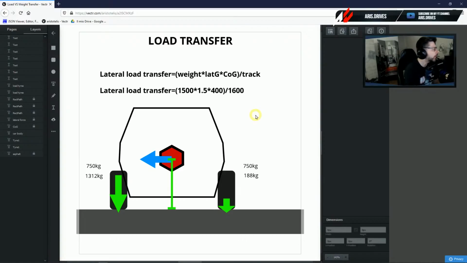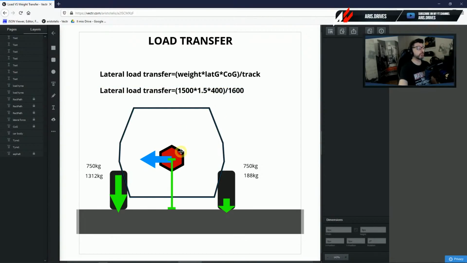Now, this happens whether you have suspension or not. In go-karts, you don't have suspension. Even if you had wooden tires, that would happen anyway, because it depends on the lateral or longitudinal g-force. Obviously, the load will change front or backwards. So it depends on the acceleration that you have, lateral or longitudinal.